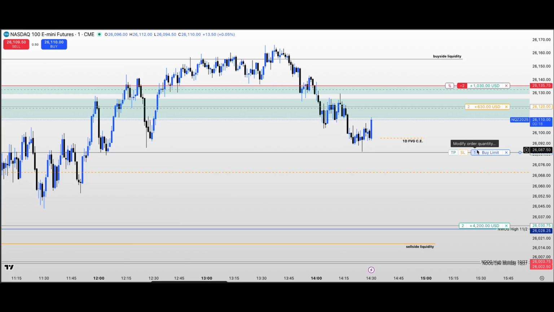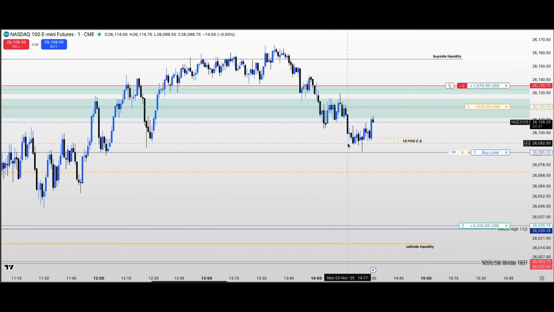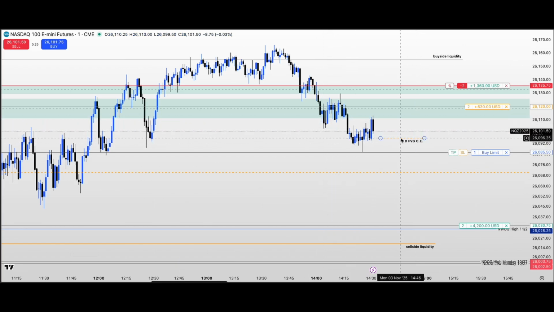Okay. I want to see a close below here. I want to see us wick past this level here and close below.